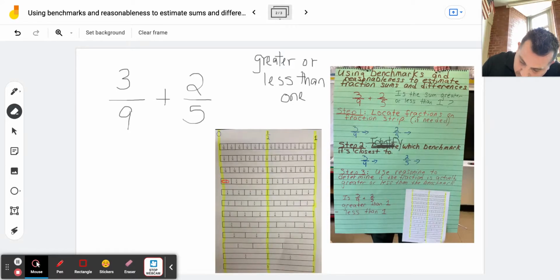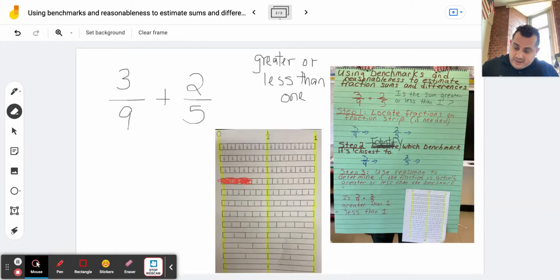1/9, 2/9, 3/9. Okay. And you'll see, because we're remembering our benchmarks, if it's closest to 0 it's on the left-hand side, closest to a half is right down the middle, or close to a whole is all the way on the right side. That's why it's extremely important to shade in the fraction that we're looking at on these benchmark fraction strips.